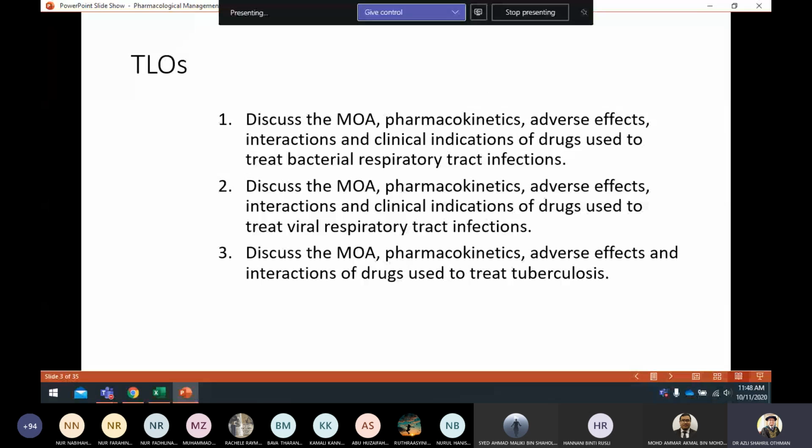Okay, TLOs for this session again are MOA, pharmacokinetics, adverse effects, interactions, clinical indications, and also, forgot to write that down here, it should also be the mechanism of resistance.